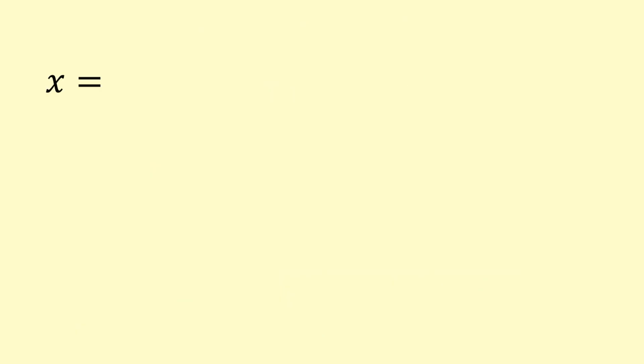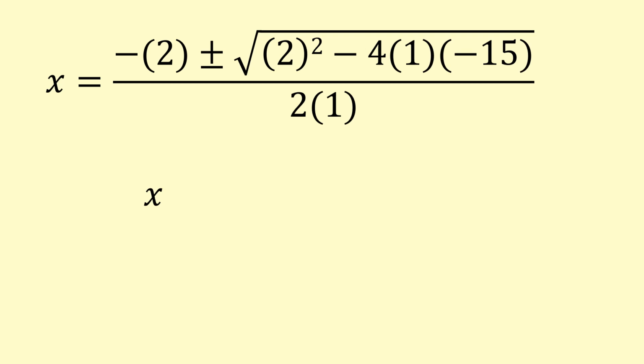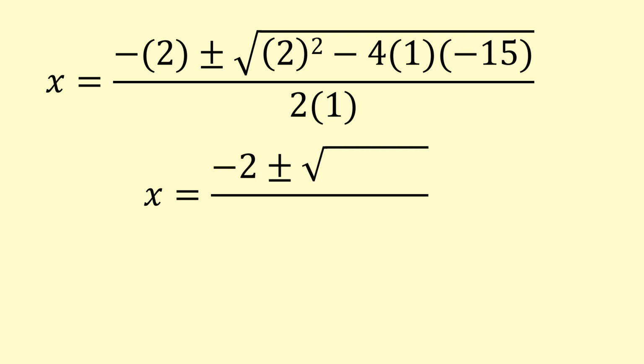So we'll simplify it further in order for us to be able to solve for x. So when we solve it further, what we have is minus 2 plus or minus 2 squared. 2 squared is 4. And then we have minus 4 into 1 into the bracket, minus 15. 4 times 1 is 4. 4 times 15 is 60.